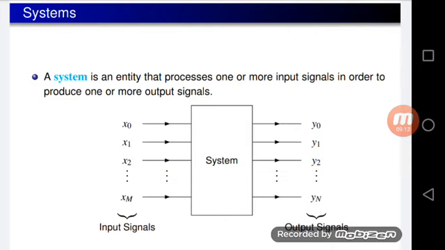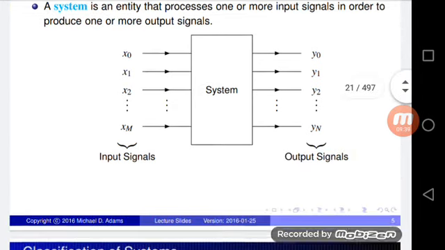The output signals depend on the input signals, so these are called dependent signals. A system receives input signals and transmits output signals. Without inputs there are no outputs, so they are called dependent variables.